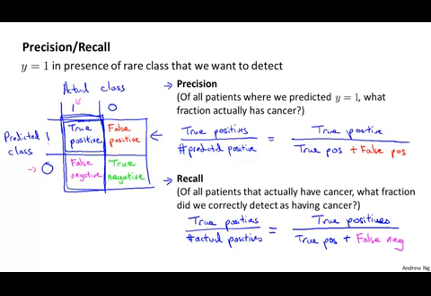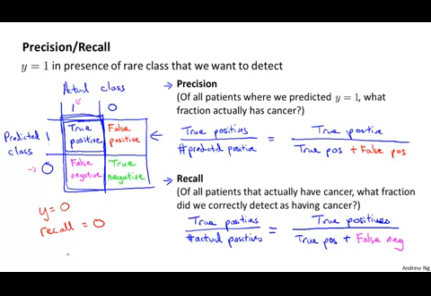Computing precision and recall will usually give us a better sense of how well our classifier is doing. In particular, if we have a learning algorithm that predicts y equals 0 all the time, if it predicts no one has cancer, then this classifier will have a recall equal to 0 because there won't be any true positives, and so that's a quick way to recognize that a classifier that predicts y equals 0 all the time just isn't a very good classifier.